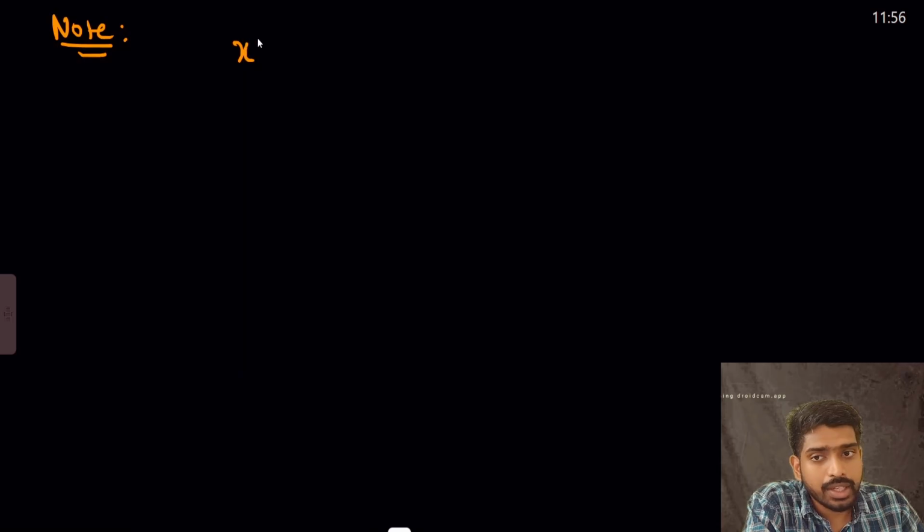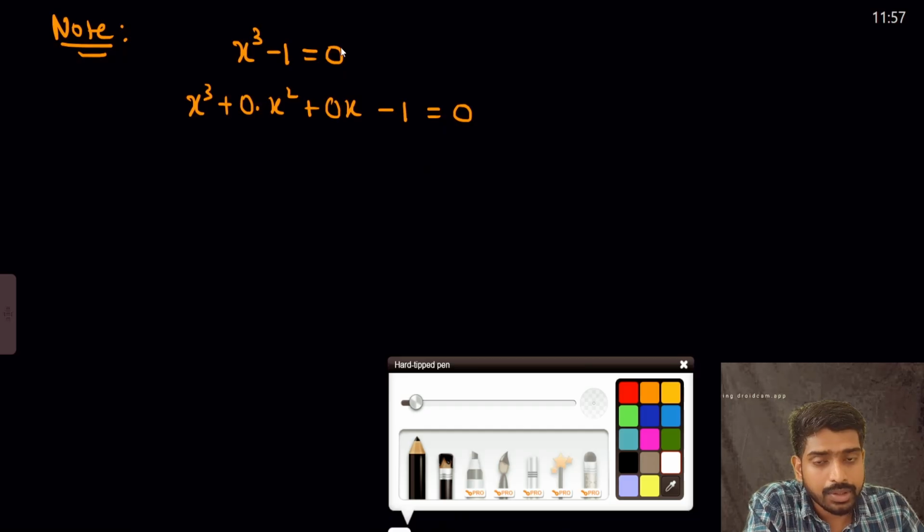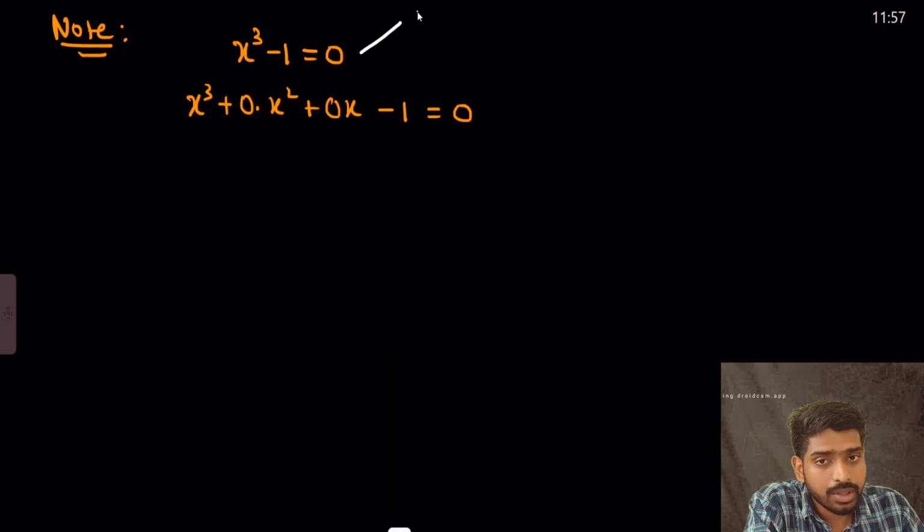What we did, we solved the equation, right? x cube minus 1 equals 0, we can write this as x cube plus 0 into x square plus 0 into x minus 1 equals 0. For this equation we got three roots: one is 1, one is omega, and one is omega square.